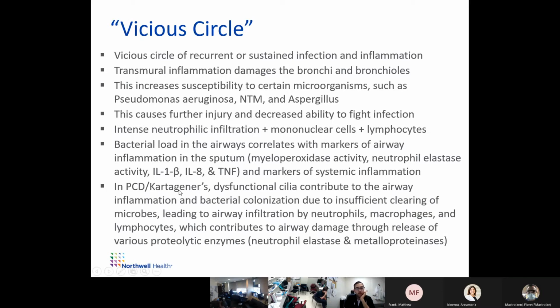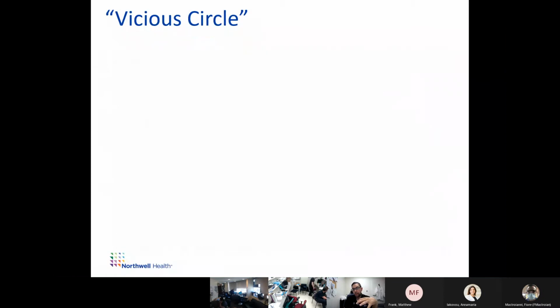We know that in primary ciliary dyskinesia or Kartagener's, you have these dysfunctional cilia, and that contributes to the airway inflammation and the colonization of the airways with bacteria, and insufficient clearing of the microbes. And again, that causes the neutrophilic infiltration and the damage to the airways because of the inflammation that occurs.